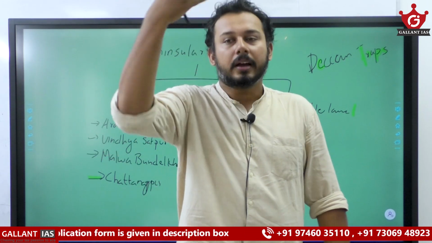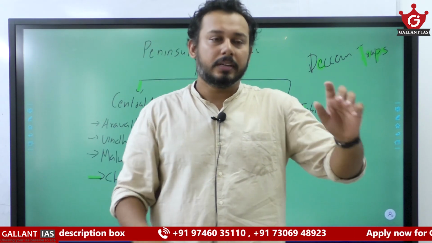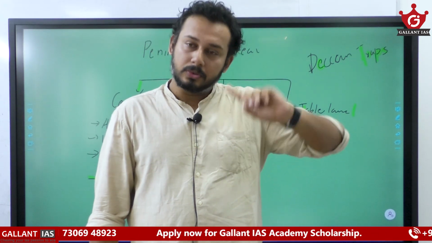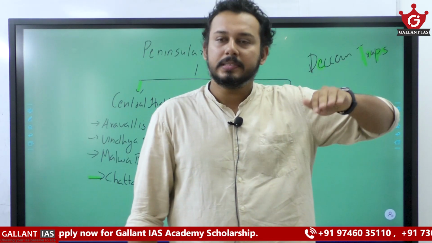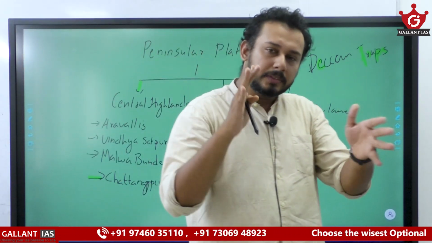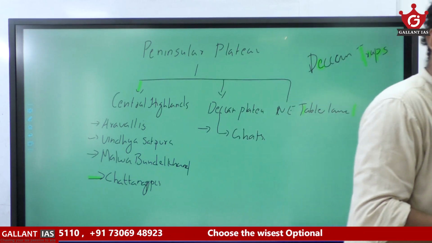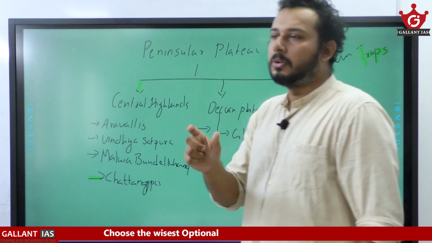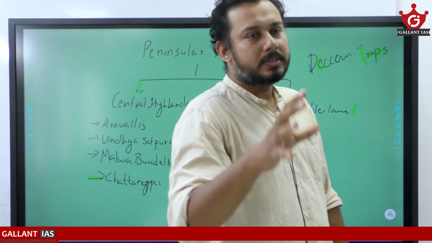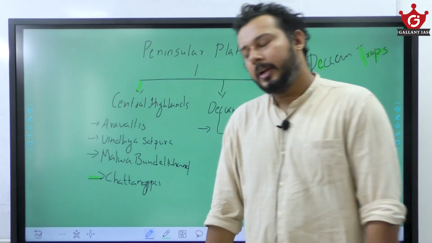Again, the reason is the continuous years of erosion. Western Ghats, the elevation decreases from south to north. That means height is more in the southern region for the Western Ghats. Eastern Ghats, it is the opposite. So study the differences between these two. That will be very helpful. And also have a close look regarding the national parks, wildlife sanctuaries in the Western Ghats region. That is also important.